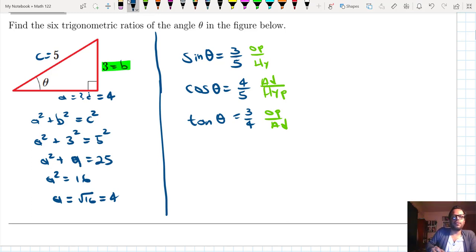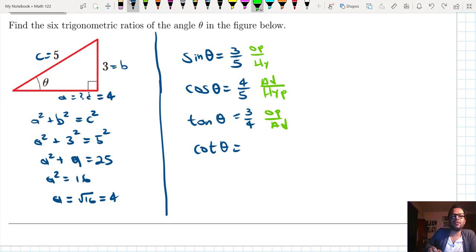Okay, for cotangent, this will be the reciprocal of tangent, right? In this case, adjacent over opposite, which is 4/3.